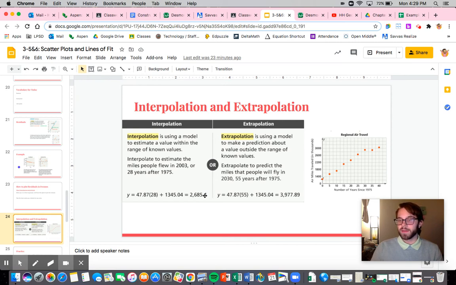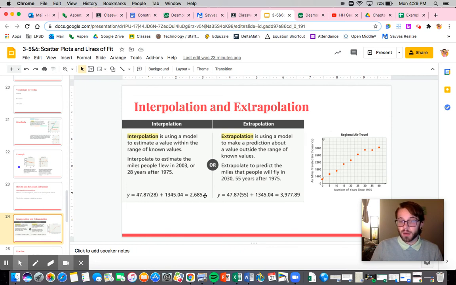We only have data every 5 years. So let's say I want to try and figure out how much people flew in 1982, right? That's not going to fall on one of my 5 year quotas. However, using my line of best fit, I could try and figure it out.